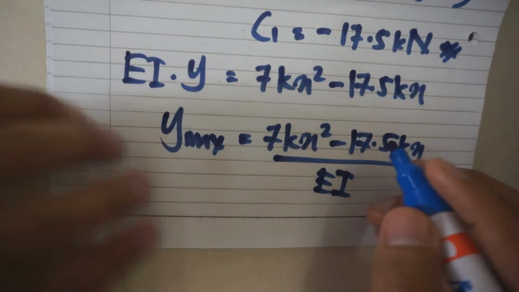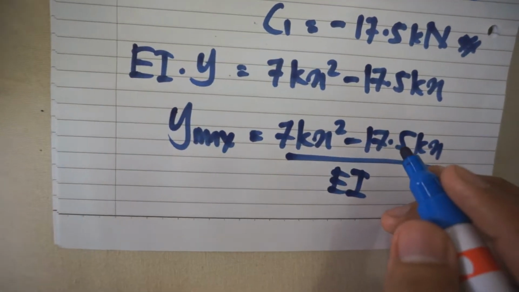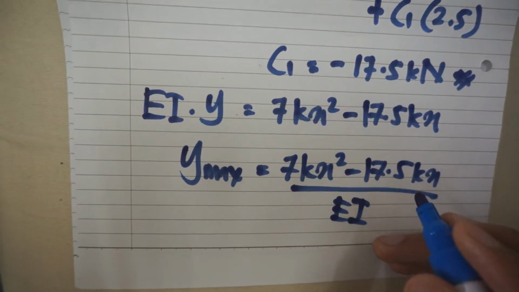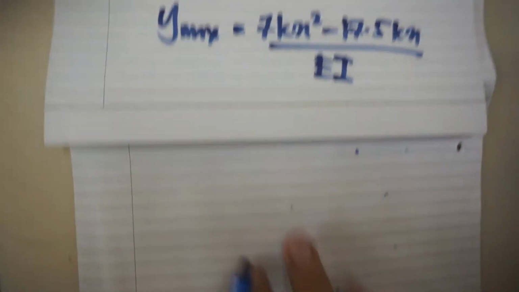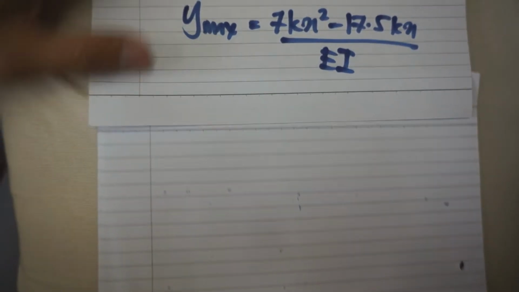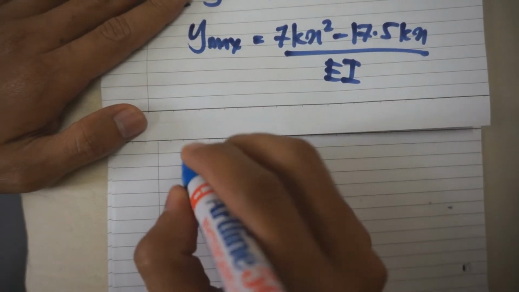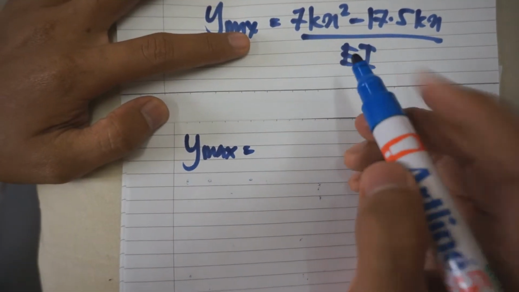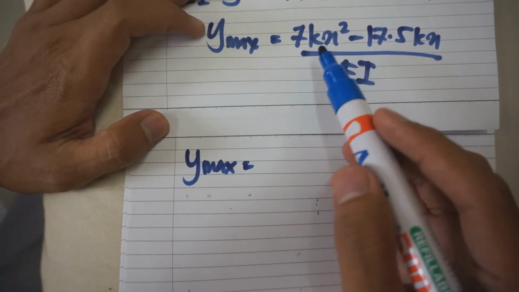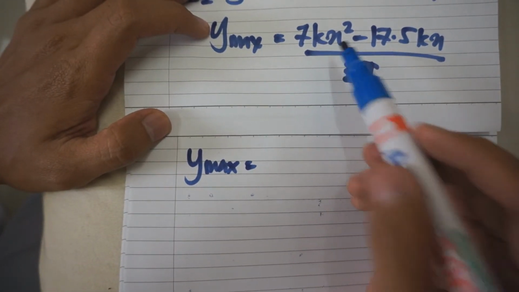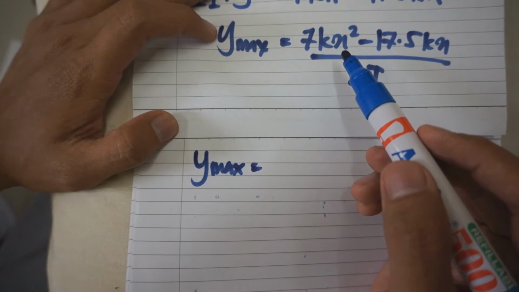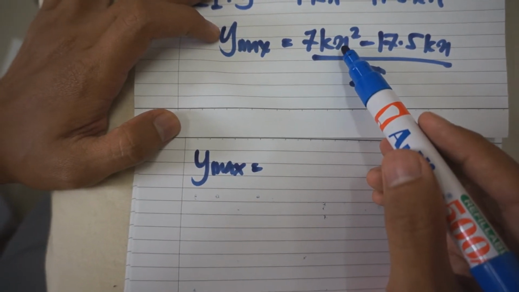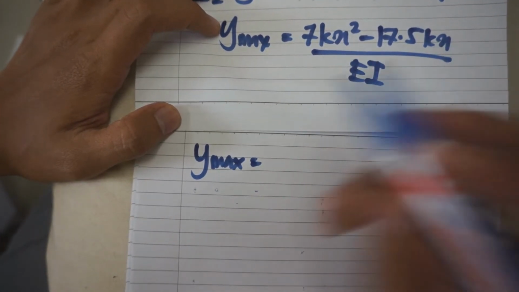Okay, now we can calculate the y max. Substitute the numbers. Y max equals, since the distance from A to the center is 1.25, we substitute 1.25 into the x.